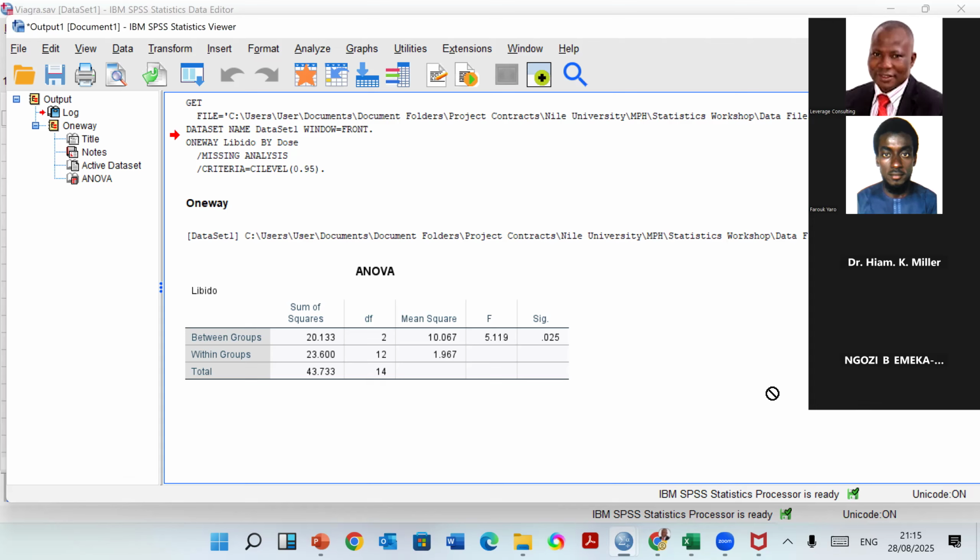Then the F test is mean square between group divided by mean square within group, which is 10.0767 divided by 1.967. It gives you 5.119. That is the F, the ANOVA statistic. And the corresponding p-value is 0.05, which is significant.